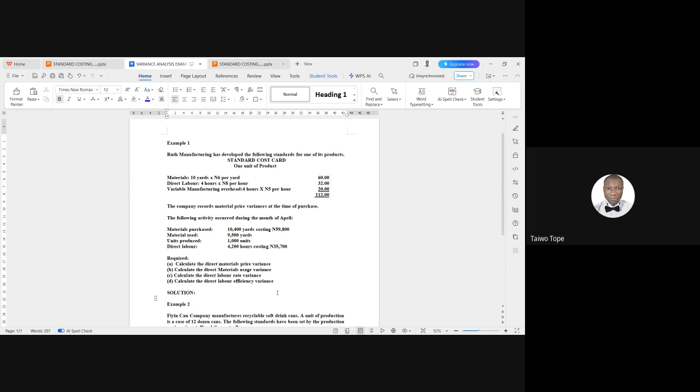Direct material price variance. Based on our computation, our expression of formulas, we want to determine the difference between the standard price and the actual price of material in relation to the actual quantity purchased. Now, our formula will be what?